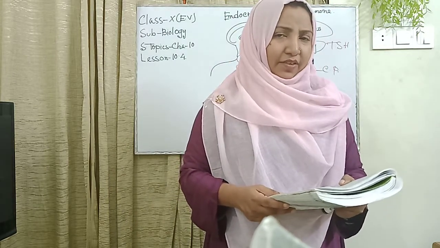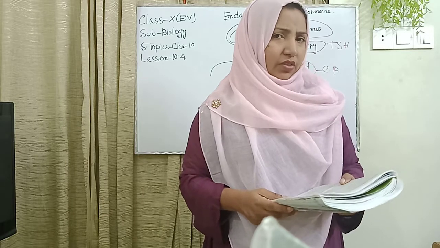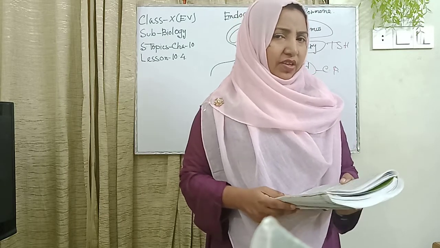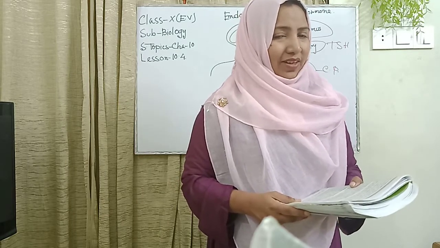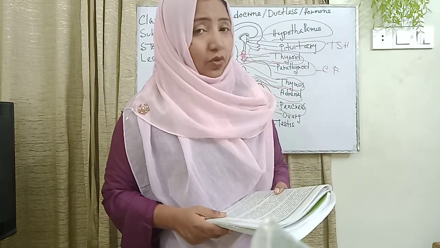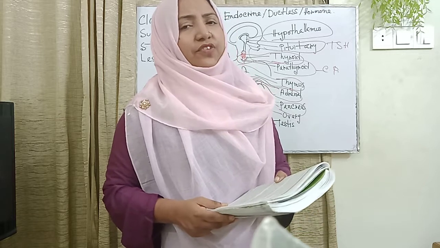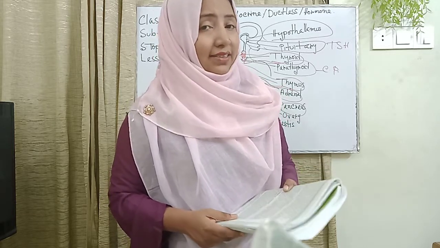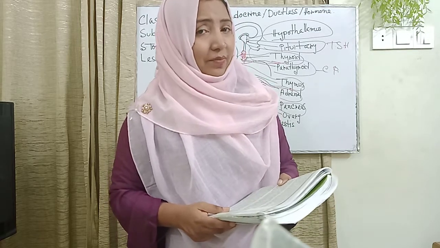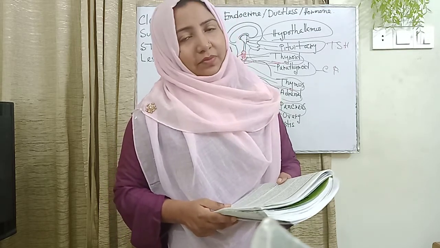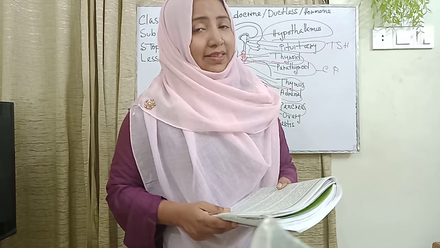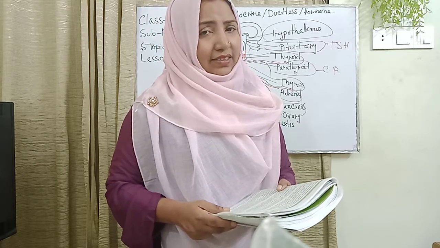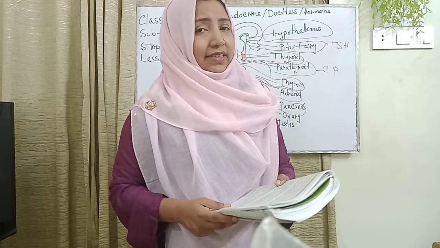For diabetic patients, these are very important hormones. Here are the two: the first is insulin and the other is glucagon. This is the ductless gland or endocrine gland. Everyone remember that the islets of Langerhans secrete insulin and glucagon.